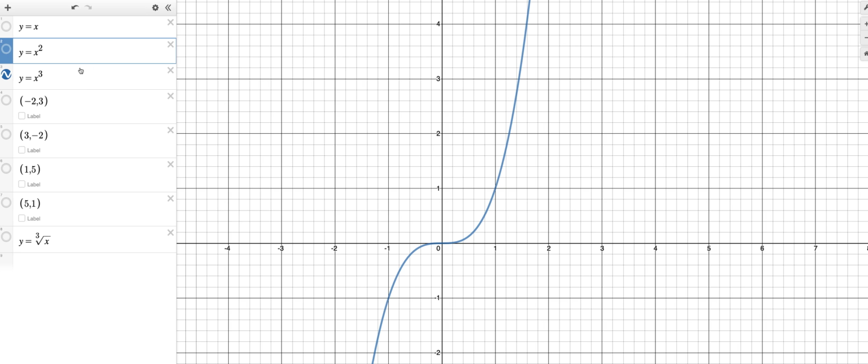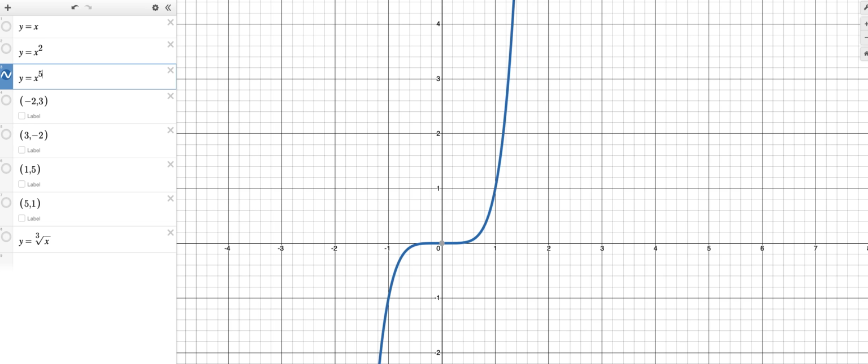Now, what if I was to go up here to y to the fifth power? In the next chapter, we'll be looking at some different power functions and polynomials, but let's just try this. It looks rather similar here. How about this, though, if I go to the fourth power? It looks more like the parabola, doesn't it?